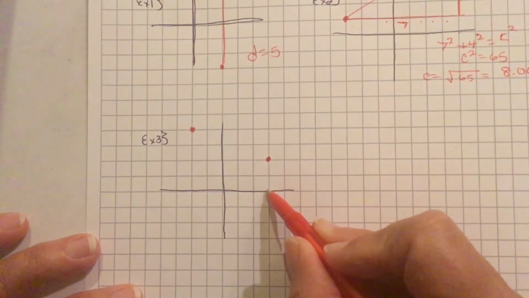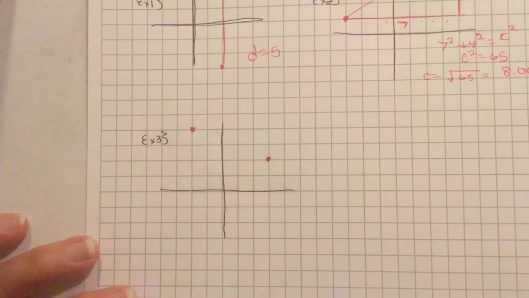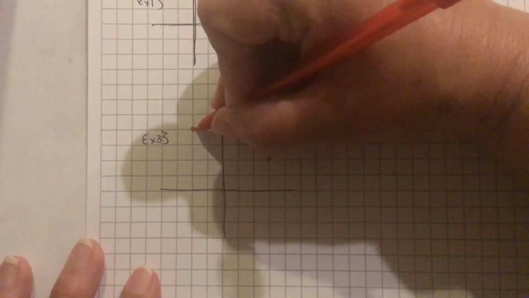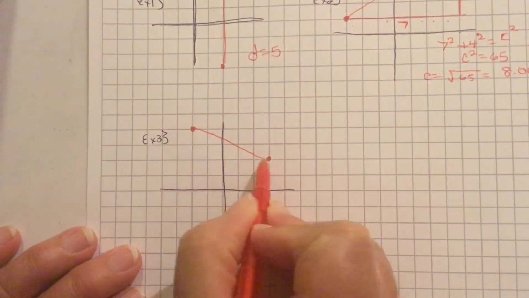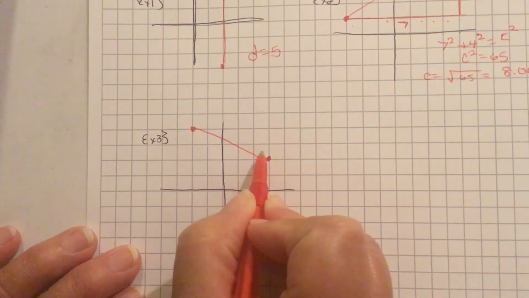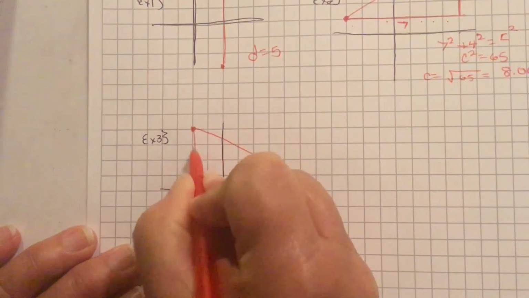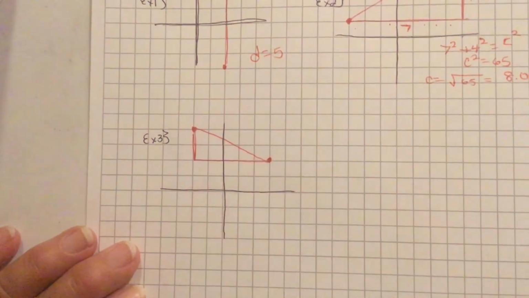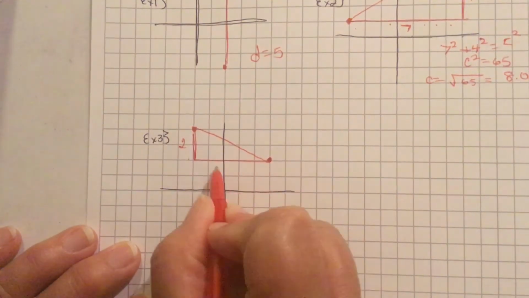Again, that was (3, 2) and (-2, 4). And we want to find this distance. Now, to draw a right triangle, I can draw it like this or like this. And it doesn't matter. It's going to be the same either way. I like to go down and over. This leg is 2 blocks. This leg is 5 blocks.